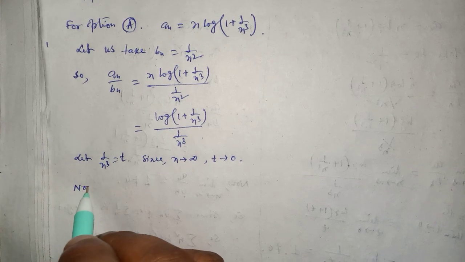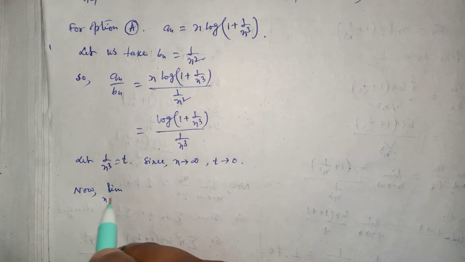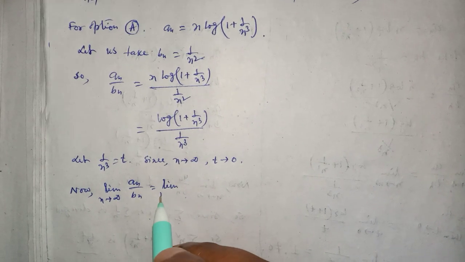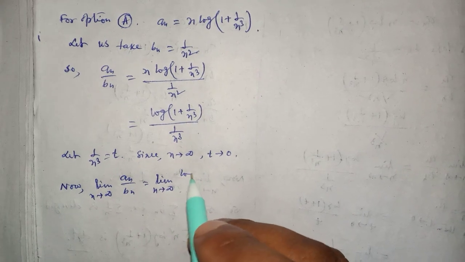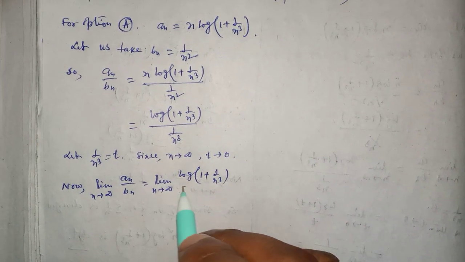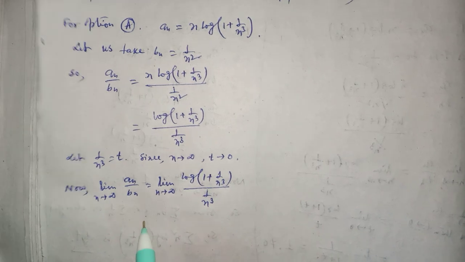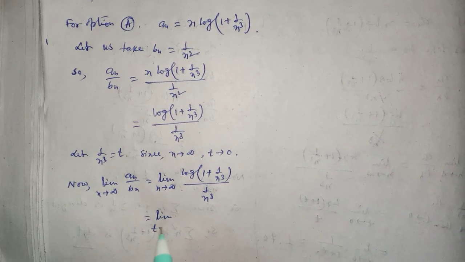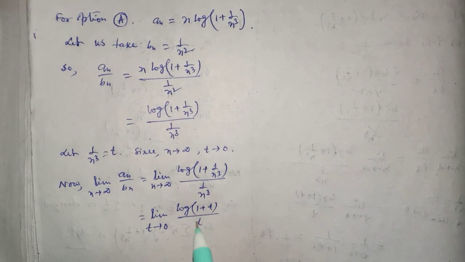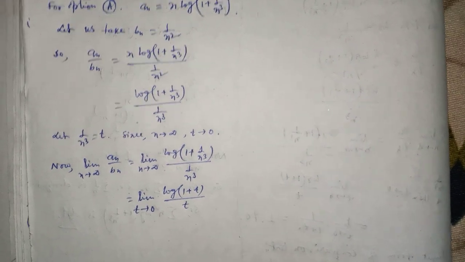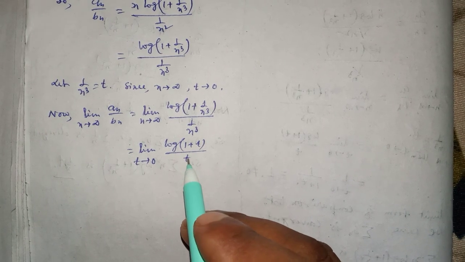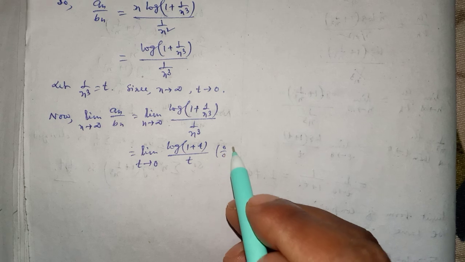So now limit n tends to infinity an by bn is equal to limit n goes to infinity log of 1 plus 1 by n cube by 1 by n cube, which is equal to limit t tends to 0 log 1 plus t by t. It is log 1 is 0 and t is 0. So it is 0 by 0 form.